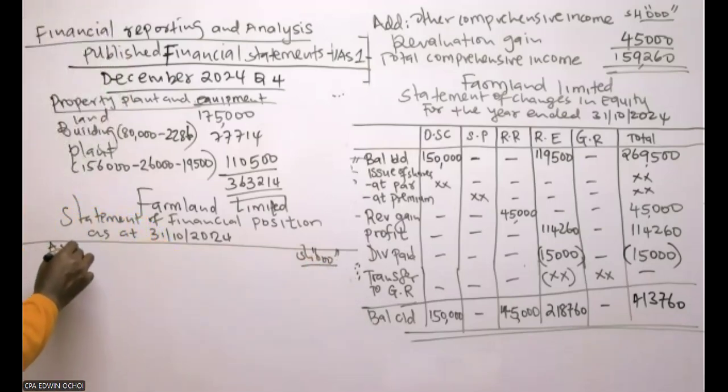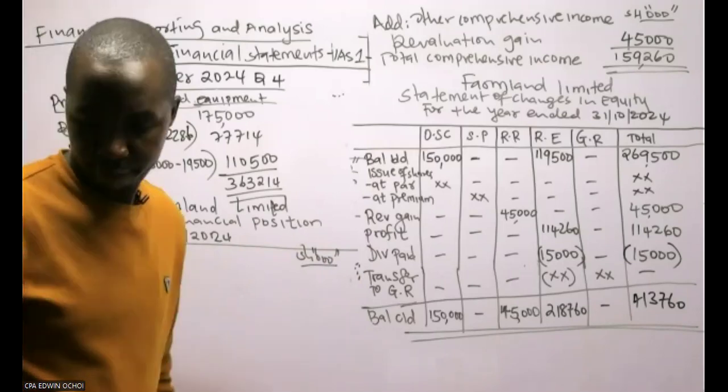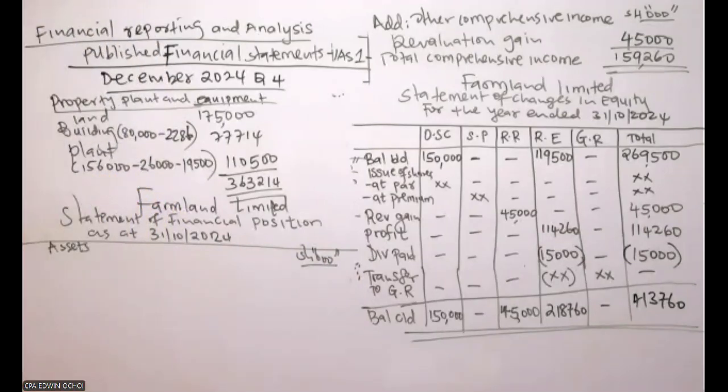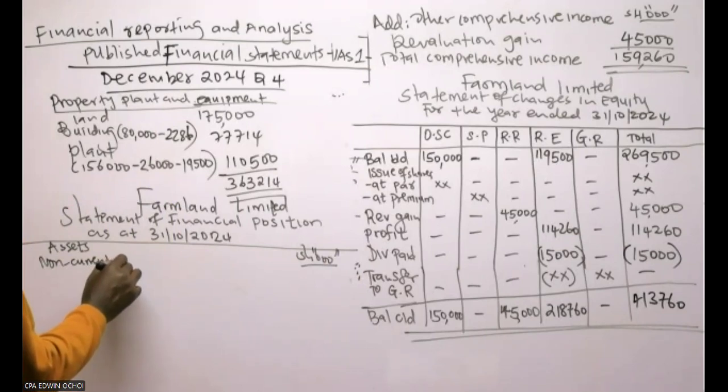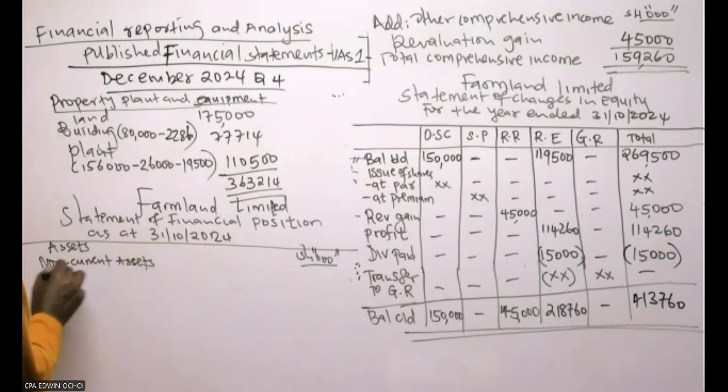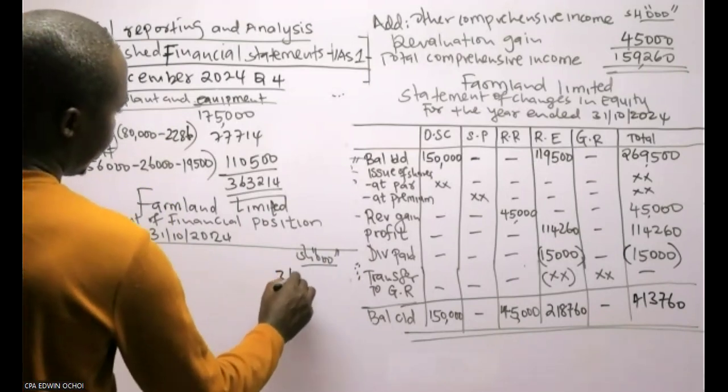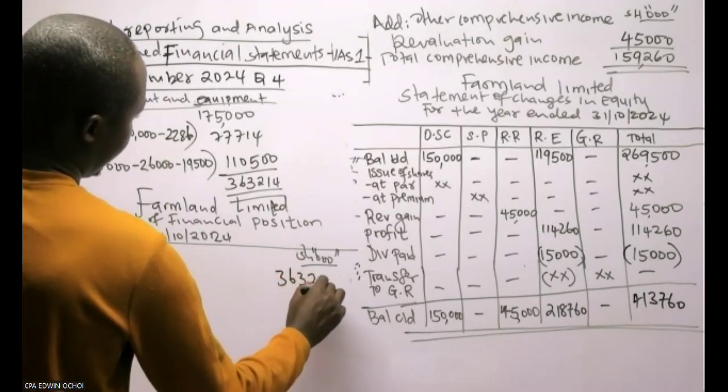Assets. So non-current assets. For property, plant and equipment, we already know it's 363,214.